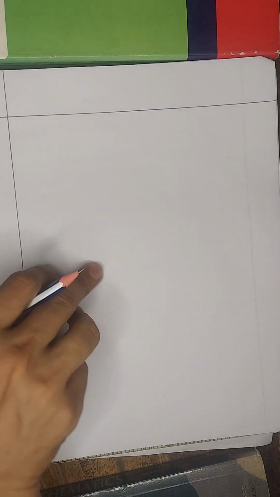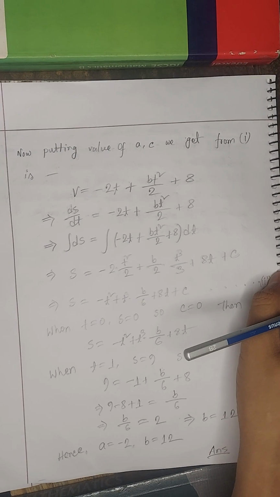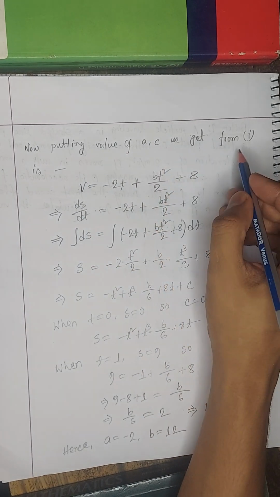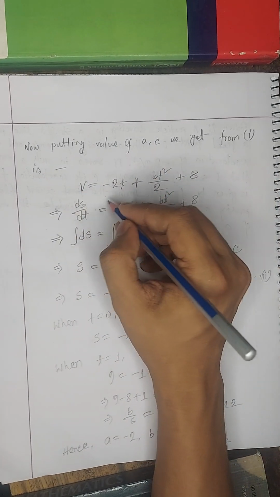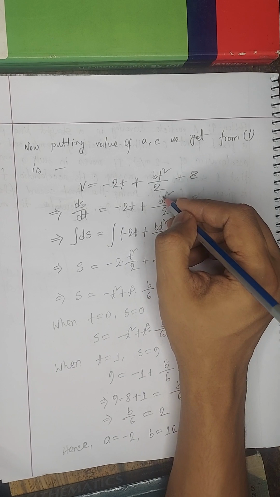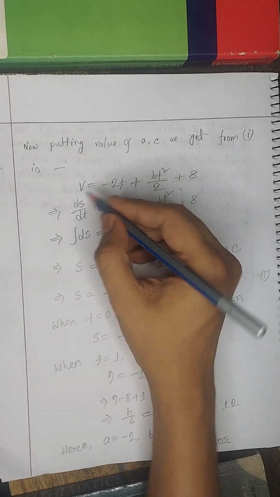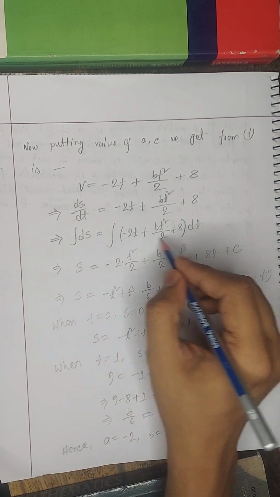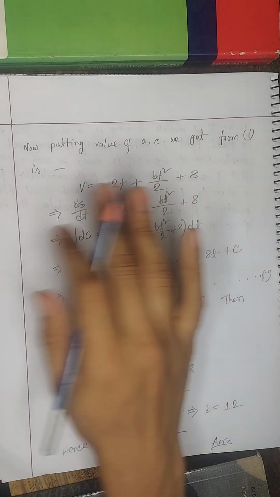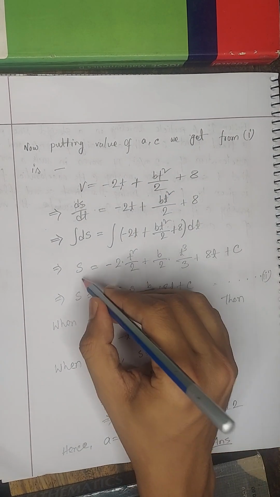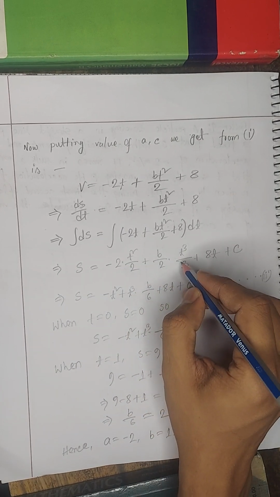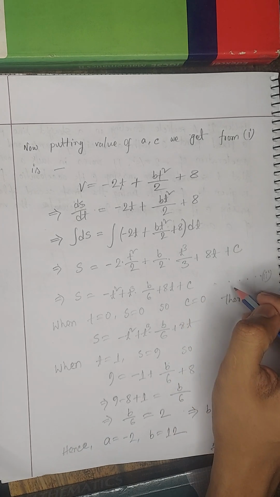Now we are going to find the value of b. Putting the value of a and c, we get v is equal to minus 2t plus bt square by 2 plus 8. Here v is ds by dt, and from that we get ds is equal to this expression, and if we integrate both sides we get s is equal to minus 2 times t square by 2 plus b by 2 times t cube by 3 plus 8t plus c.